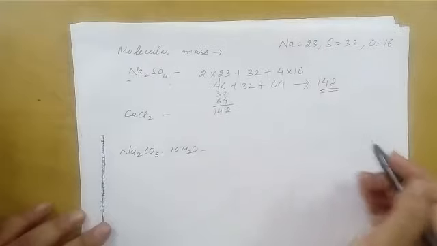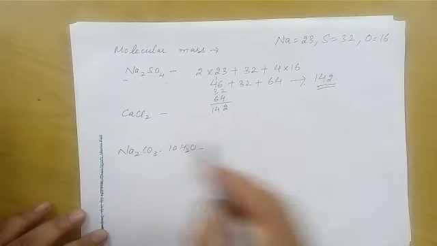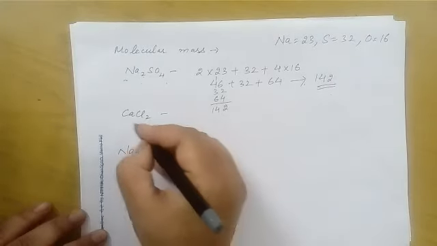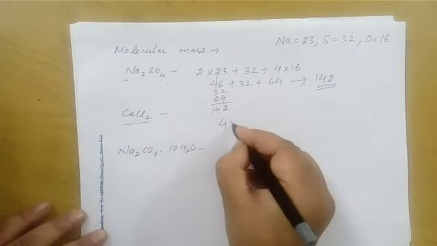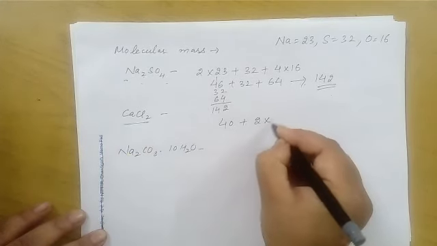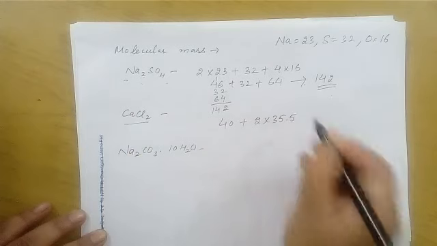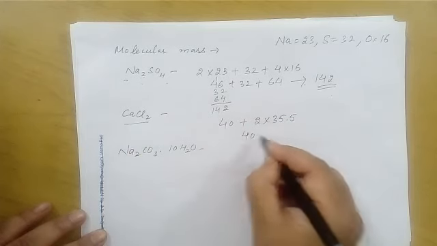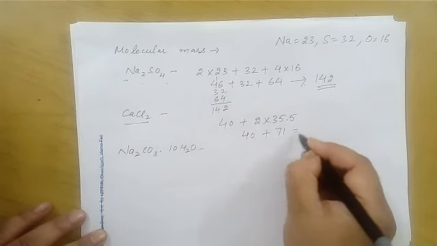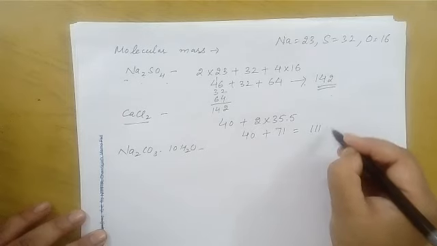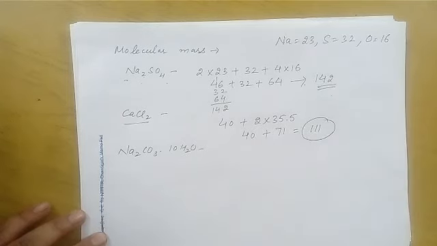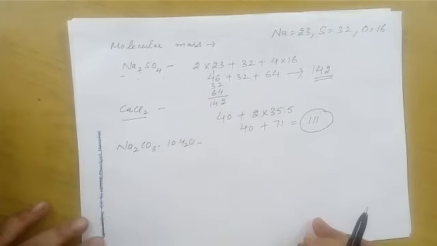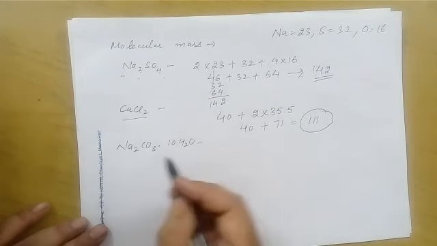Relative molecular mass of sodium sulfate is 142. Same way, this is calcium chloride. So 40 plus 2 into 35.5. This comes 40 plus 71. 111. It is relative molecular mass of calcium chloride.